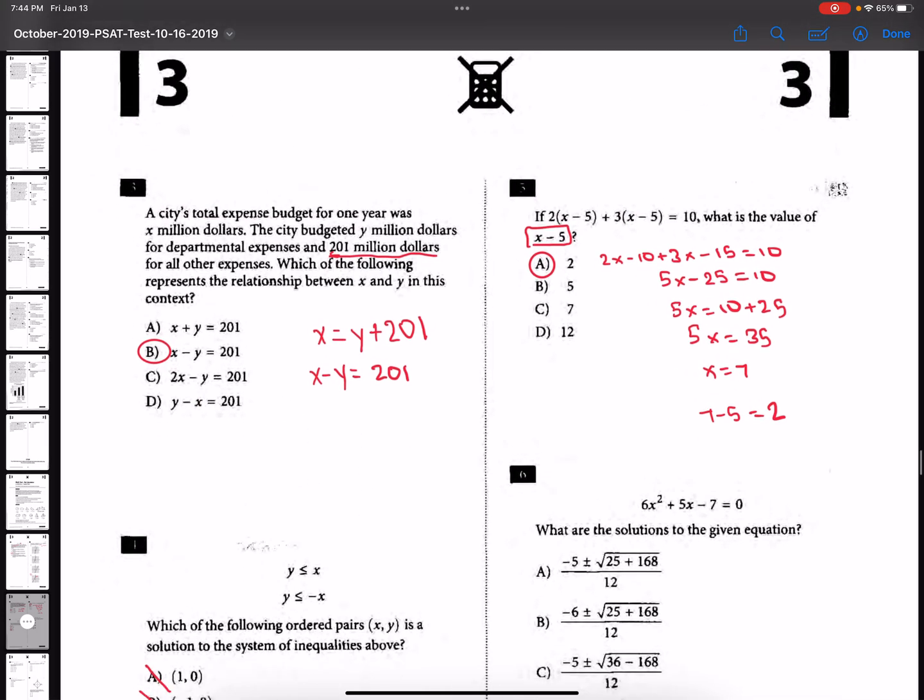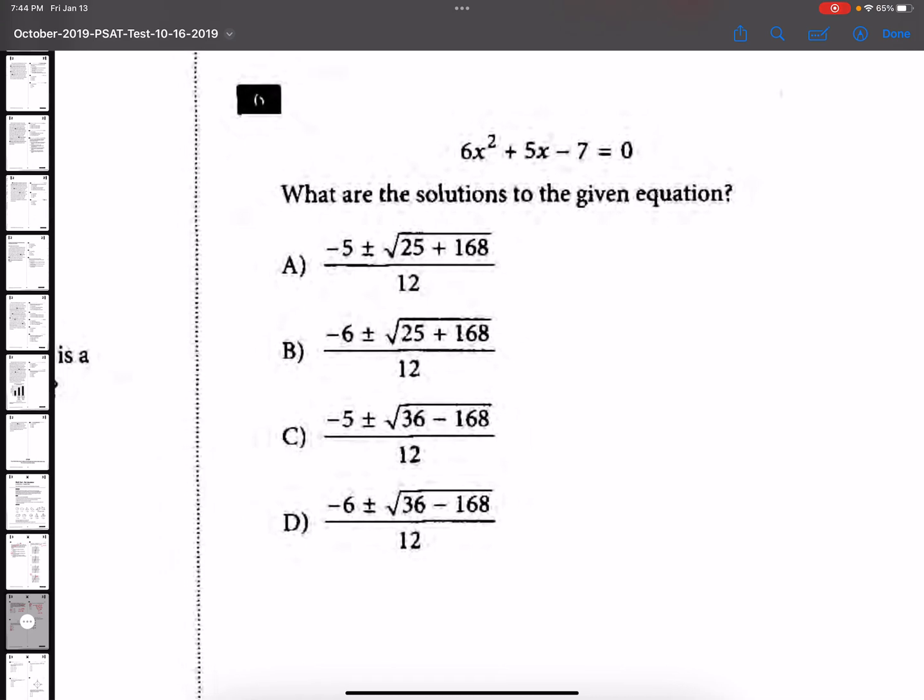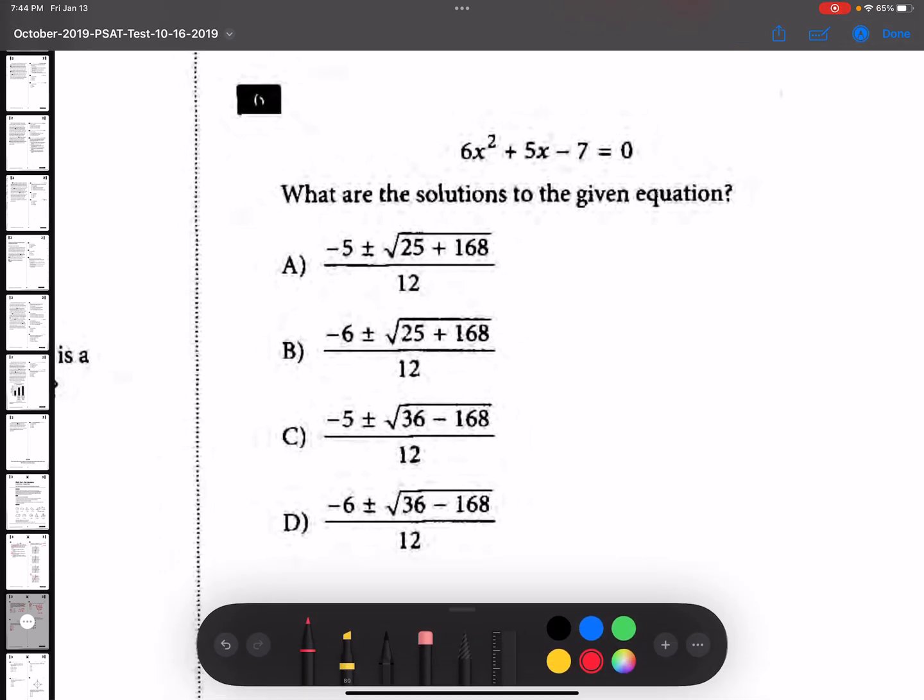Okay, next question, number 6. What are the solutions to the given equations? This is a quadratic equation. We're going to use the quadratic formula: minus b plus or minus square root of b squared minus 4ac, over 2a. So that means minus 5. So this is the a value, and this is the b value, this is the c value.